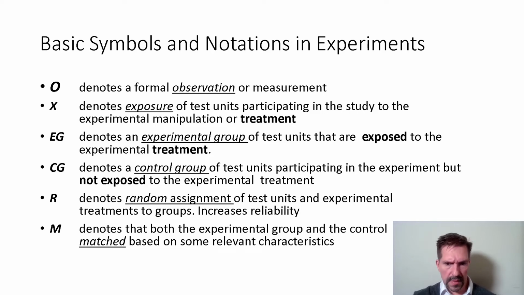Like in the case of a respondent, we might have a skin conductivity test attached to their finger, some sort of probe that enables us to see the degree of perspiration or sweat in their fingers. That will be a measurement, because we are concretely looking at something that can actually be tabulated in this case. So O is for a measurement or an observation.